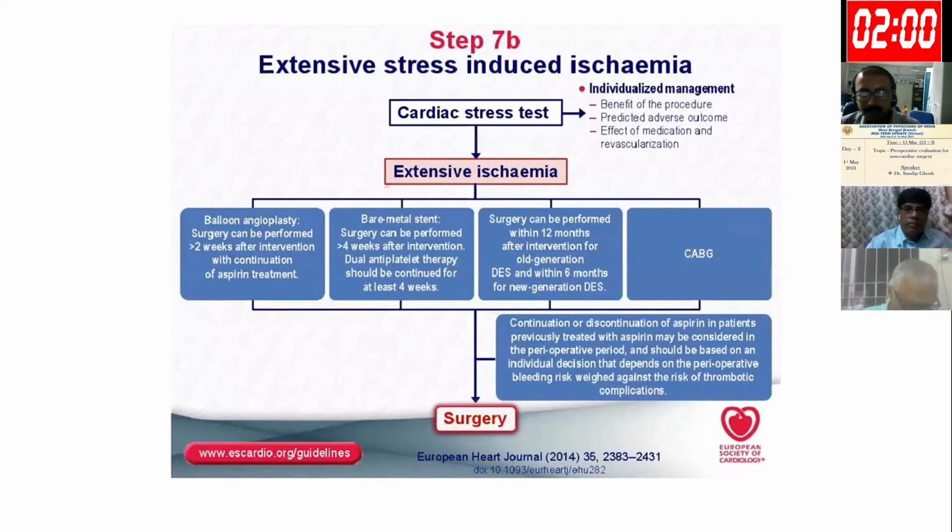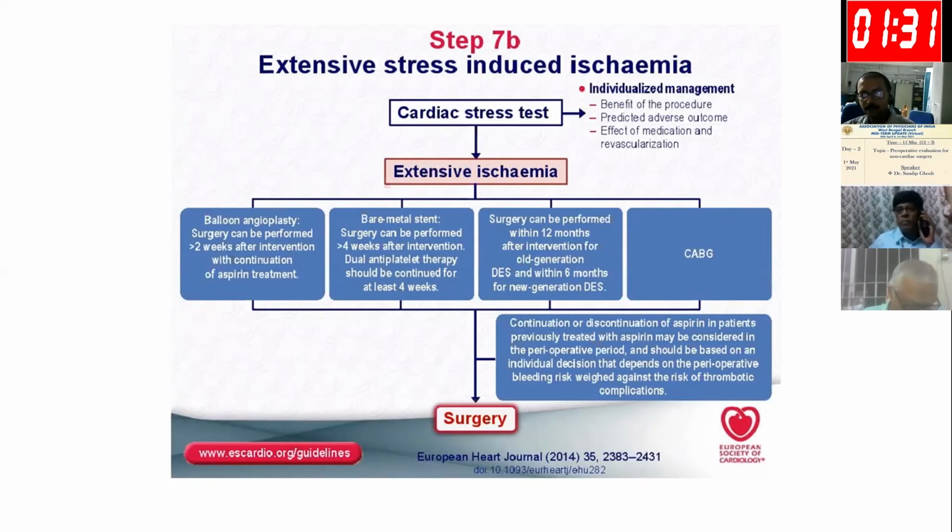For extensive ischemia, there are 4 options according to the ESC. One is balloon angioplasty, and following balloon angioplasty, the surgery can be performed more than 2 weeks after the intervention, with continuation of aspirin treatment. If the patient has been put on a bare metal stent, the surgery can be performed 4 weeks after intervention, and dual antiplatelet therapy should be continued for at least 4 weeks.